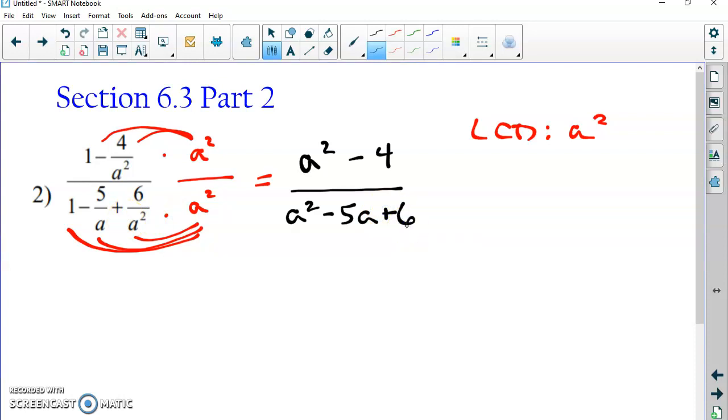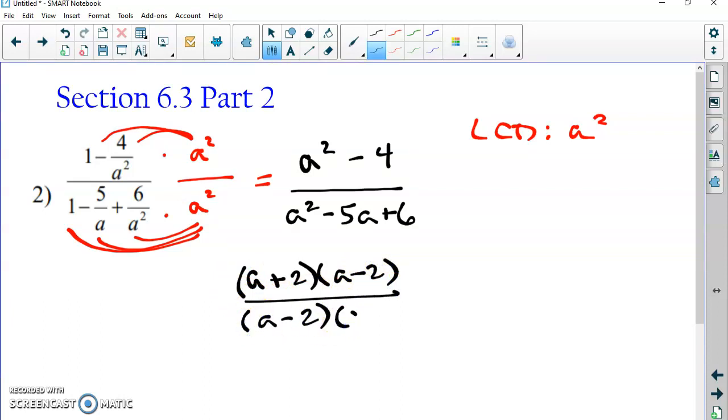Once you have this fraction, try to factor and simplify this as if we are back at section 6.1, to get this fraction to be as simplified as we can. So factoring, a squared minus 4 is difference of squares, a plus 2, a minus 2, and the denominator is a minus 2, a minus 3.